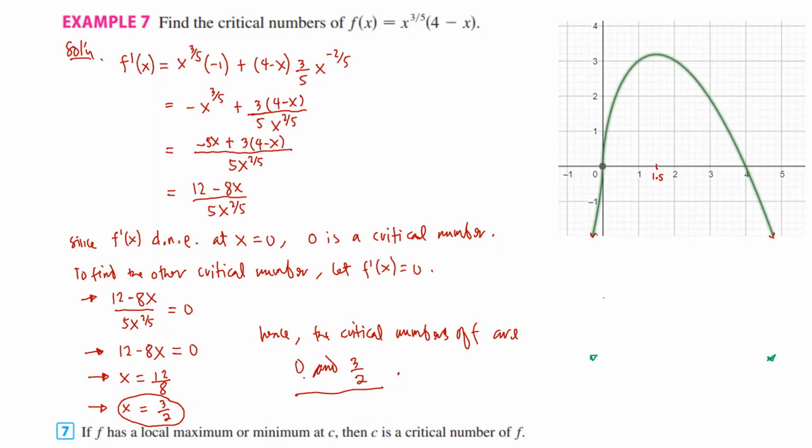But for 0, why is 0 considered a critical number? Well, the reason for that is the tangent line corresponding to that particular point. Because if you consider the tangent line as you approach 0 from the right and from the left, the tangent line tends to be vertical, right?